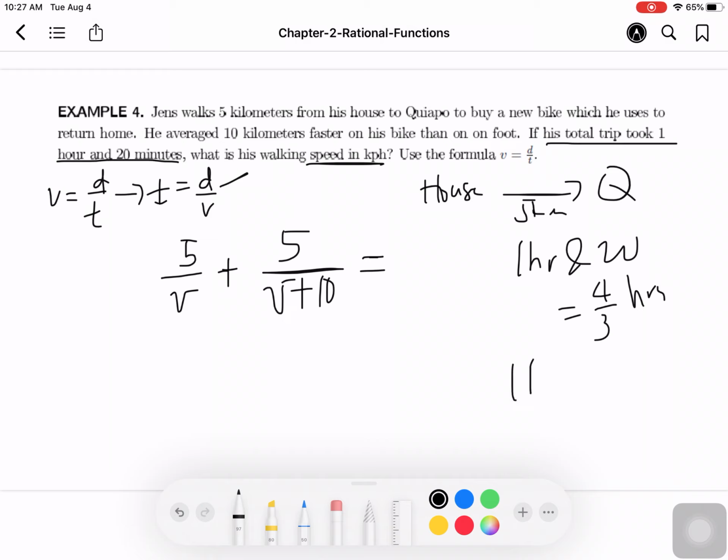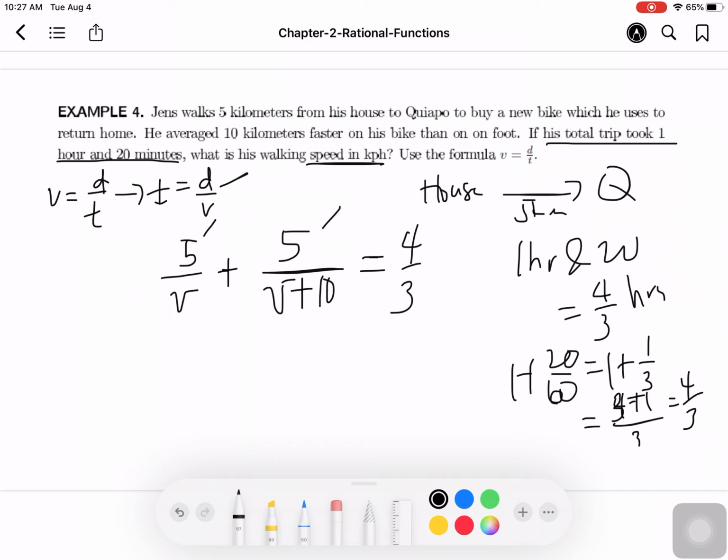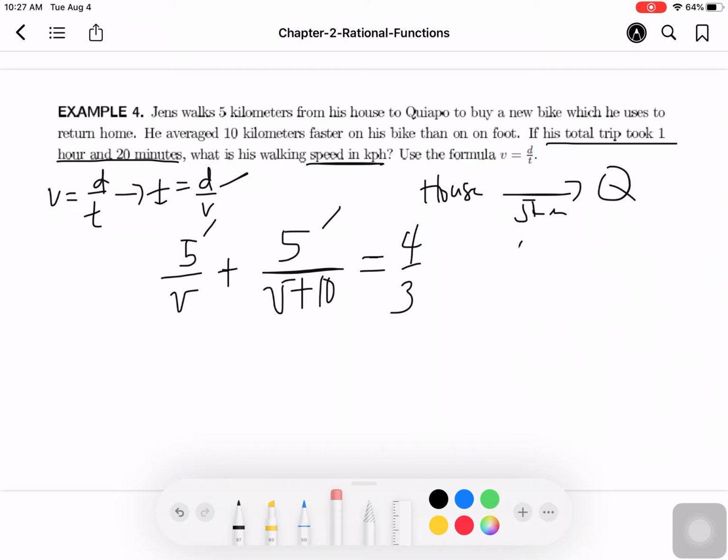You know, 1 plus 20/60. 20/60 is 1/3. So use your calculator or basic math. 3 plus 1, so 4/3. So it took him 4/3 to do this. This is returning home. Okay, I will erase this. So then we will compute for V.